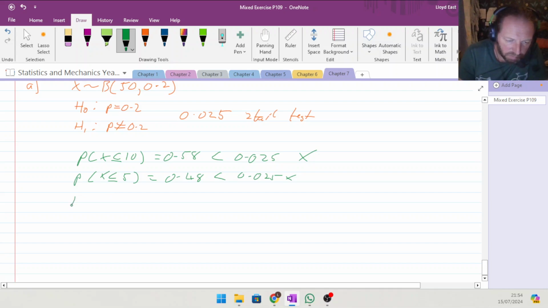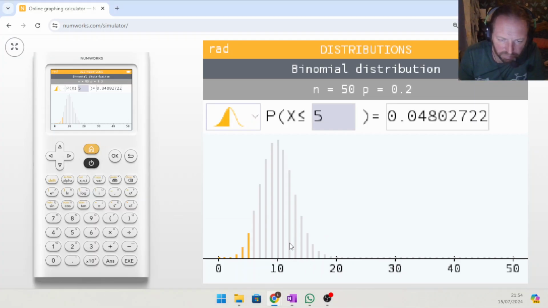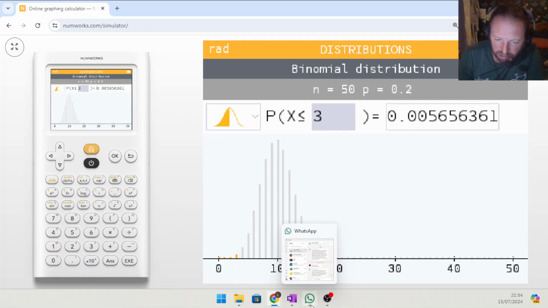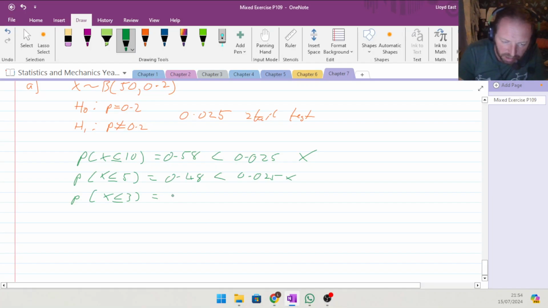Let's look at 3 because we're still quite a long way away from it. Putting in 3, 0.005. Okay, so that's quite small, isn't it? That's 0.5% when we're looking for 2.5%. So that one does satisfy it.